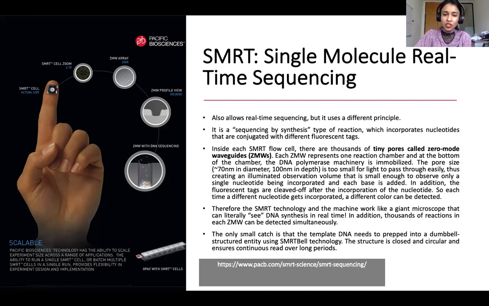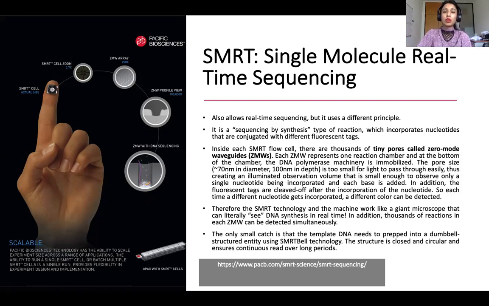In addition, the fluorescent tags are also cleaved off after the incorporation of the nucleotide, before the next one is able to be added, right? So each time a different nucleotide gets incorporated, a different color or different fluorescence is detected. And for this, you require, of course, a camera to be able to capture this image, right?